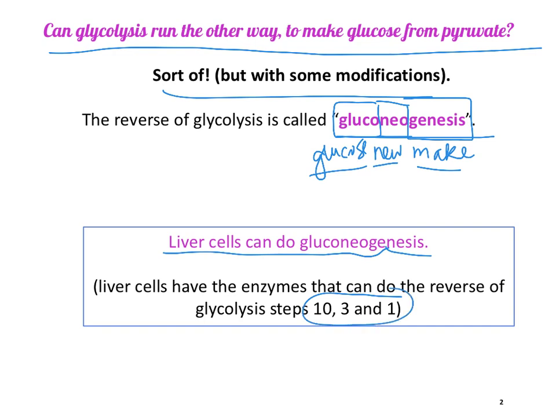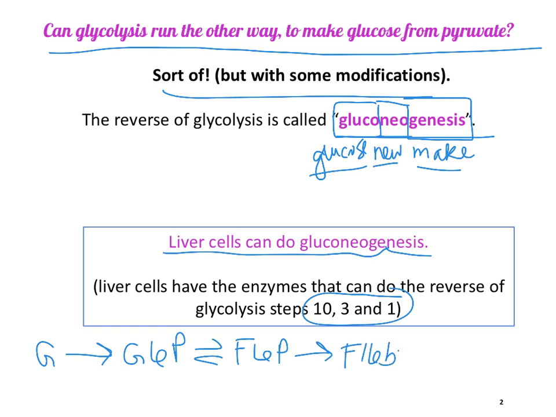If you remember, glycolysis was glucose, and there's the first irreversible step to G6P. I'm going to do the super basic version of this. Then it's isomerized to F6P. Then we have the second irreversible step to F16BP. Then many, many steps. And then the third irreversible step is PEP to pyruvate.